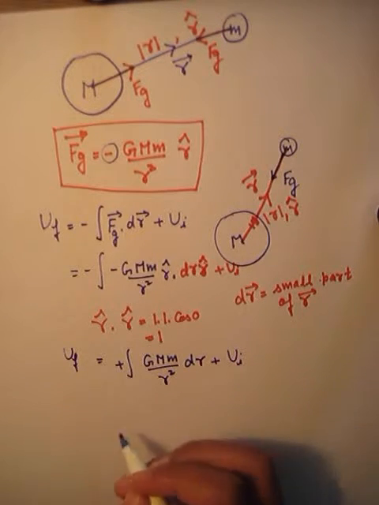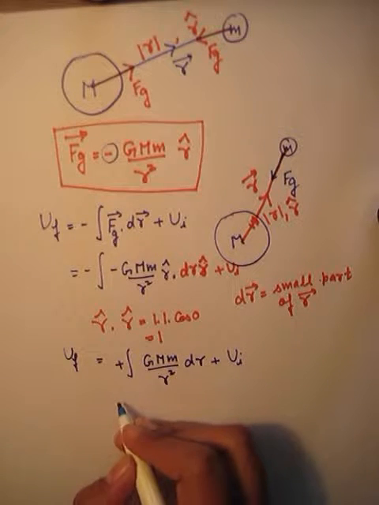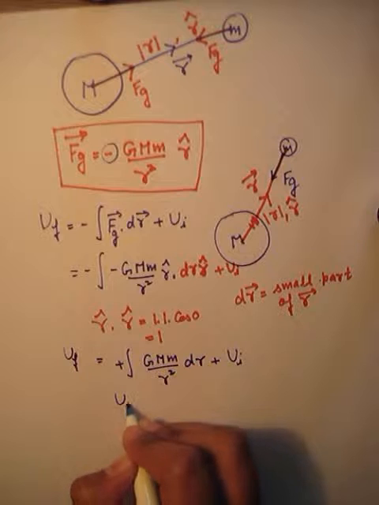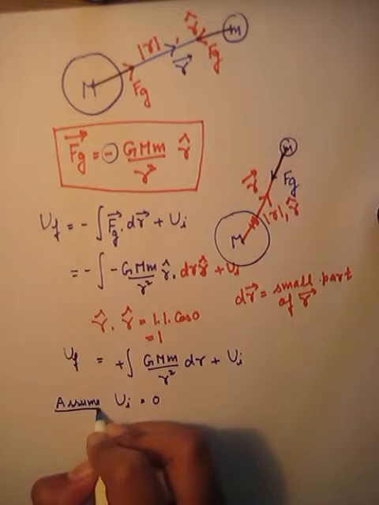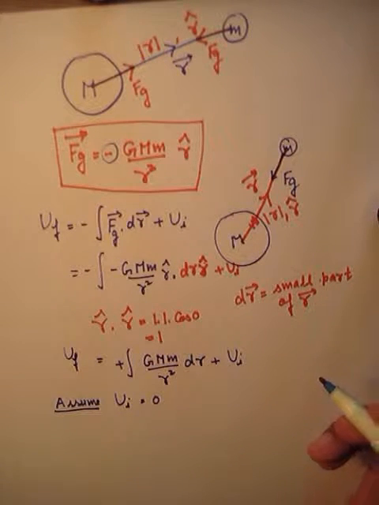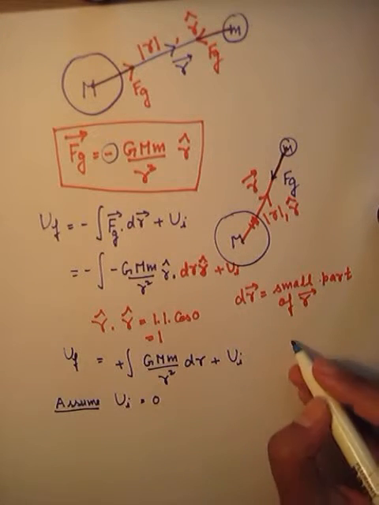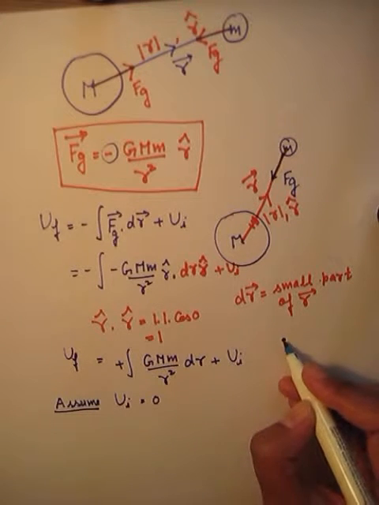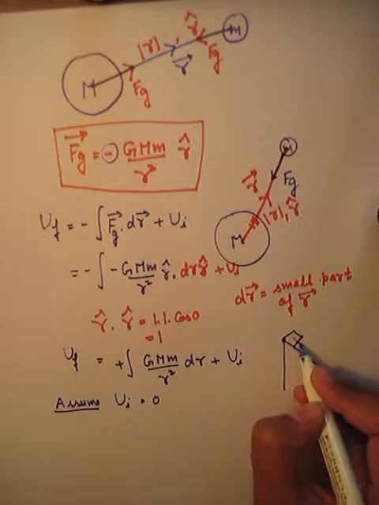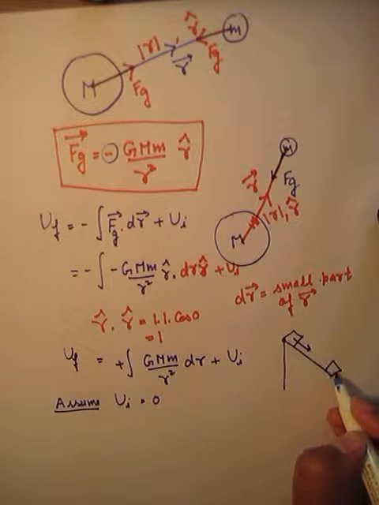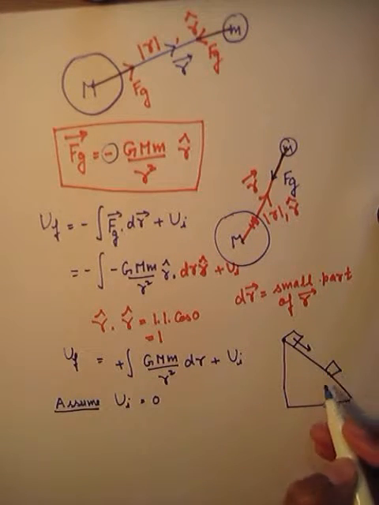plus the initial potential energy. Now we would like to consider that the initial potential energy is 0, so let us say that Ui is equal to 0. We always assume this because it doesn't matter; whenever we are talking about potential energy, only the difference matters. Suppose you need the potential energy of this point, and an object moves to this other point.